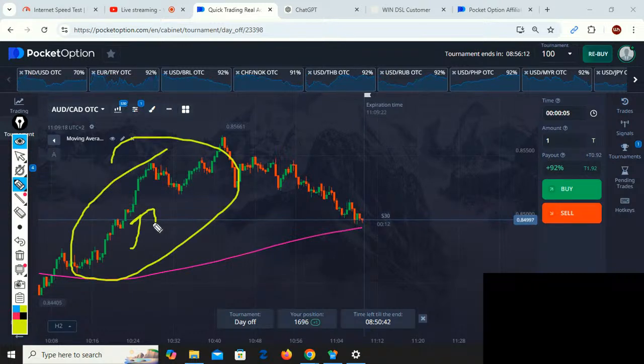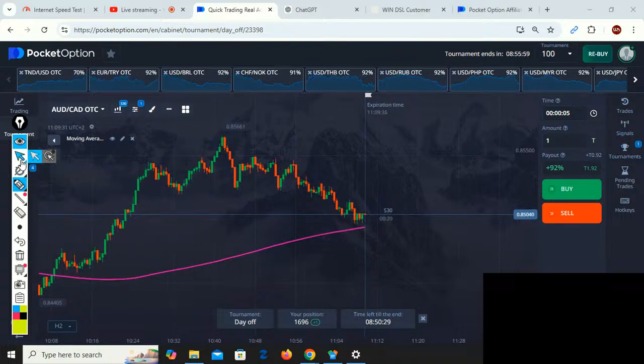So this is the factor I'll be adding today, to have some sort of directional trading or technical trading in place, and try at least mitigate the gambling factor that goes into this strategy.